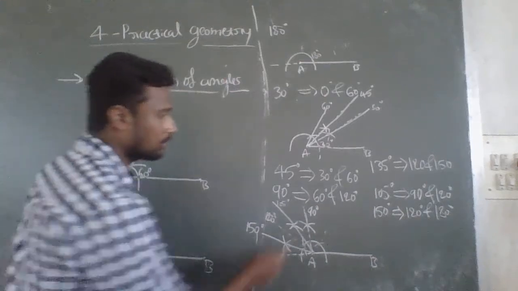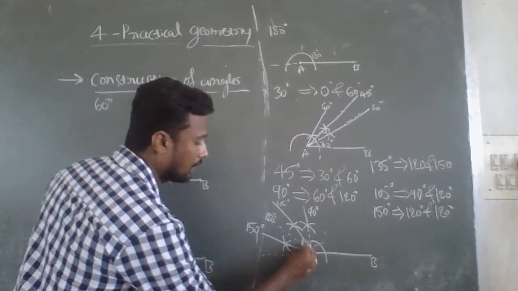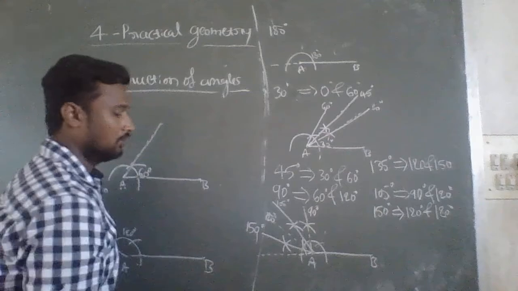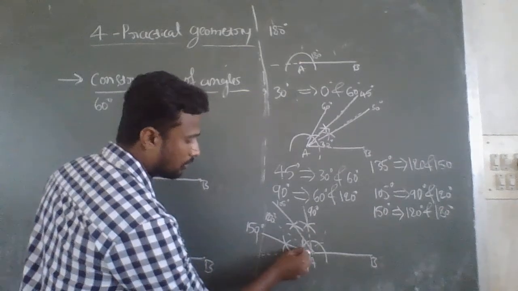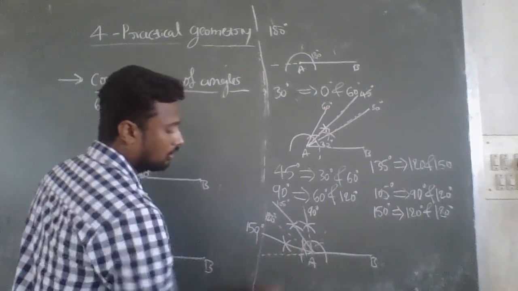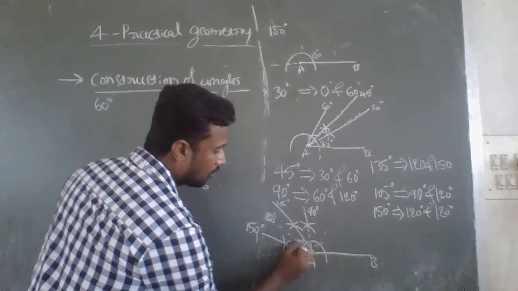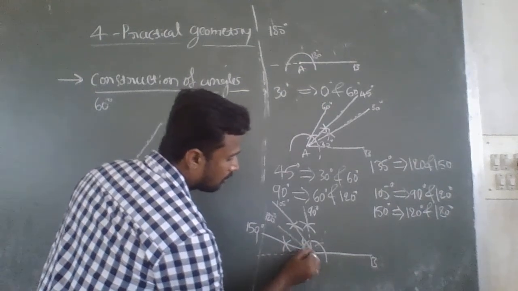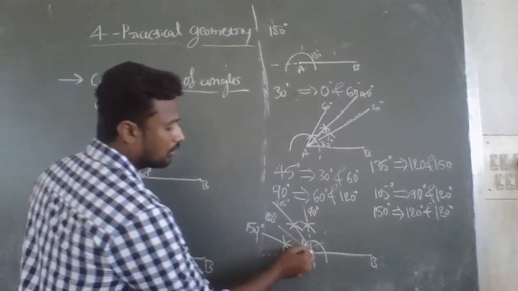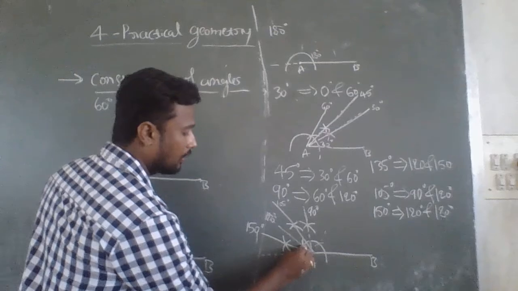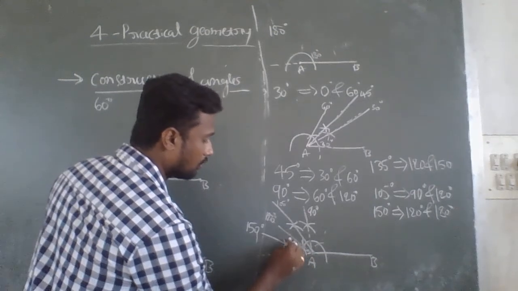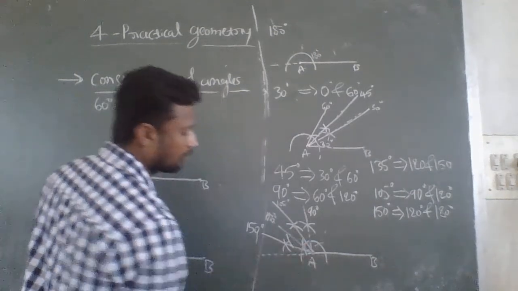So to construct 135 degree, we know that it is between 120 and 150. Here you have to place your compass on the intersection of 120 degree and draw an arc like this.